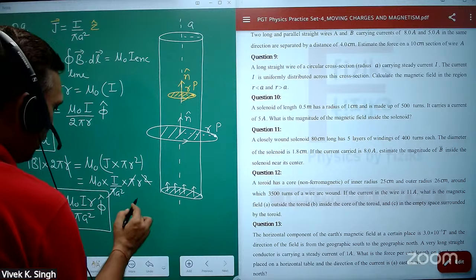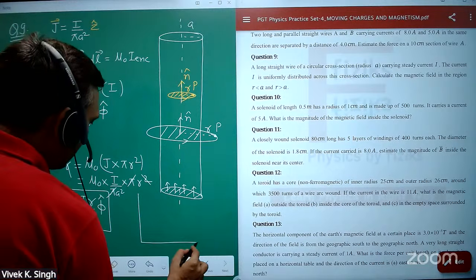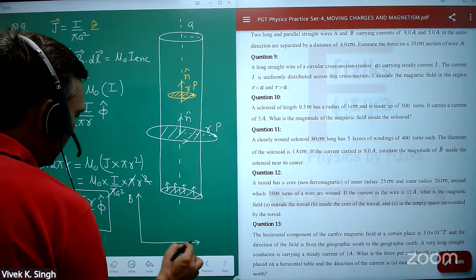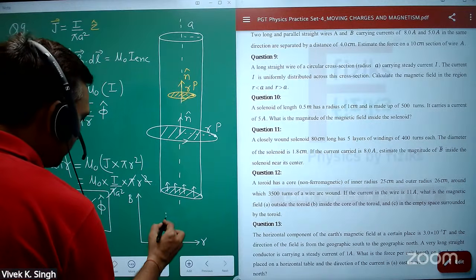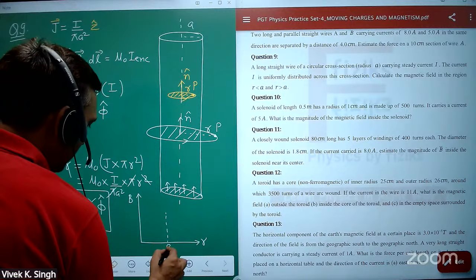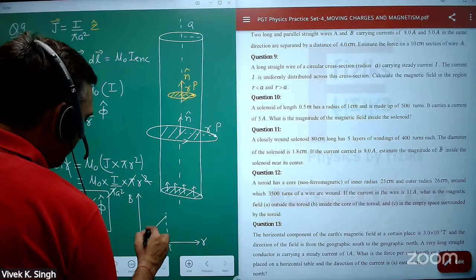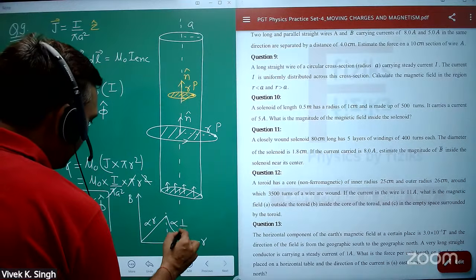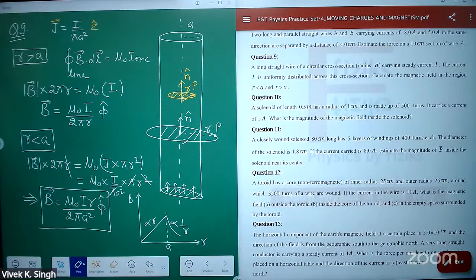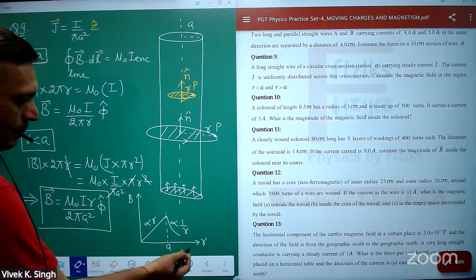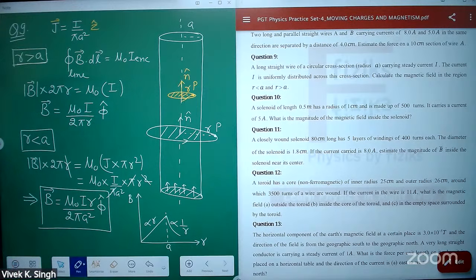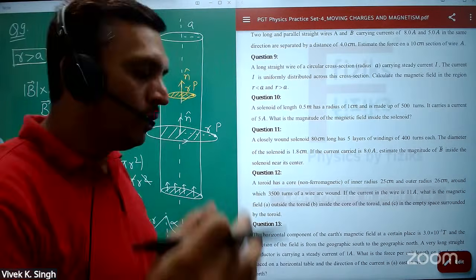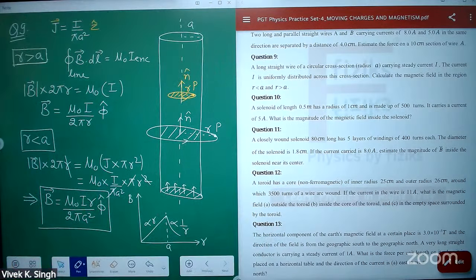So if you plot B versus R, radius is A, so inside it is proportional to R, and outside it is inversely proportional, 1 by R. So this is the magnetic field variation when current is distributed uniformly throughout the volume. Is it clear?